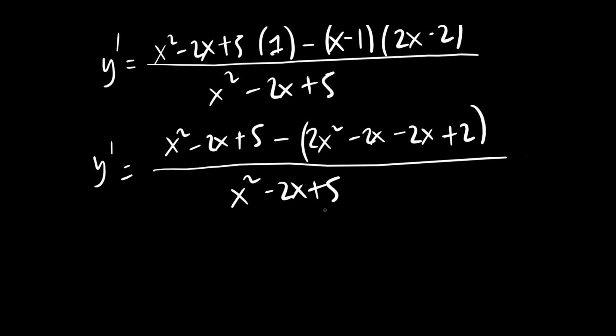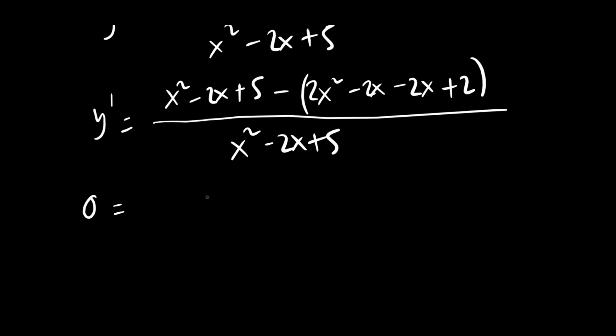So we'll equate it to 0. We will transfer this term to the left side, so the remaining will be x squared minus 2x plus 5. So we'll distribute the negative sign to all of the terms.